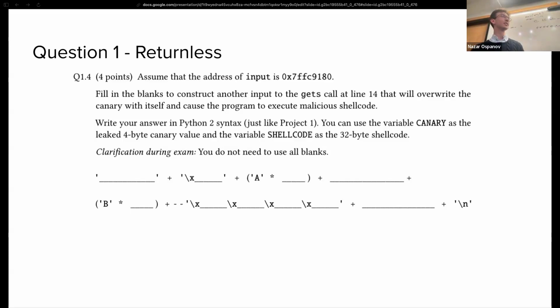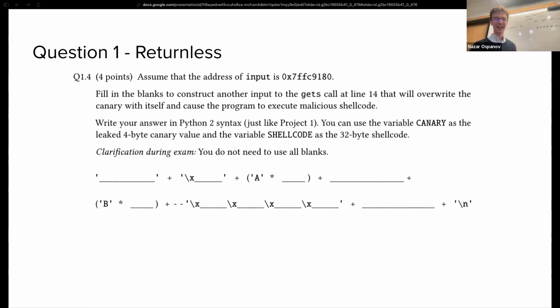Does anybody want to say what to put into these two? -1 so that the while loop doesn't run. Perfect, exactly. And how about the X byte? Null terminator. Perfect. Did anybody get this address at the end? Perfect.